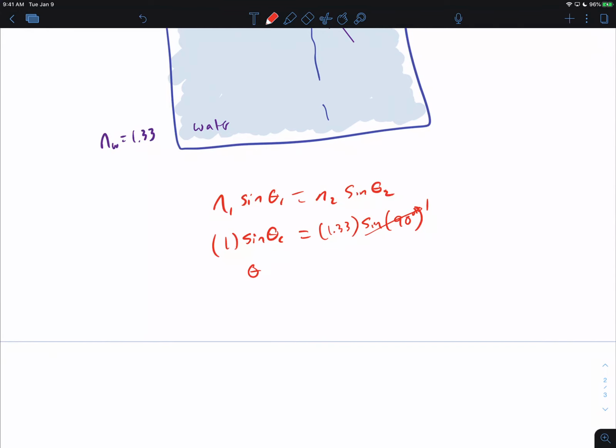So for my sine of theta 2, I have 1.33 over 1. If we do our same trick from last time and take the inverse sine of both sides, then I have the sine inverse of 1.33.